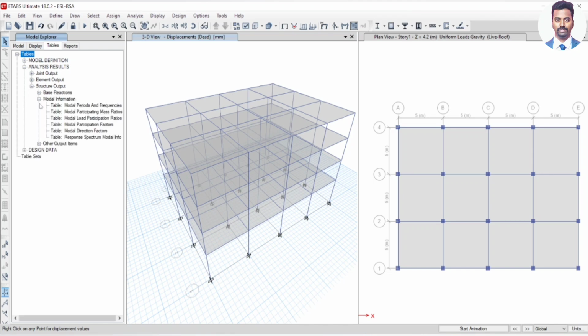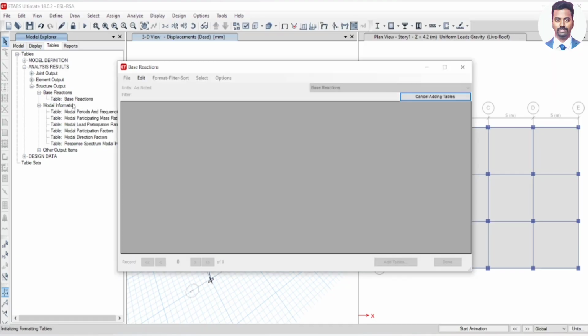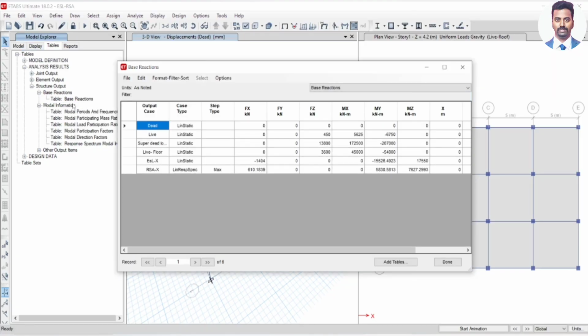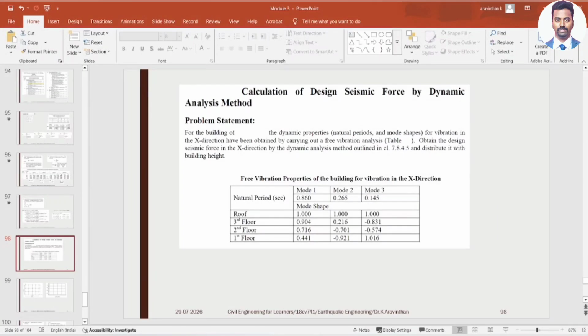Now let us check the model information. In base reactions, we can see here the equivalent static load in x direction, which is 1404. So this is the value we got.